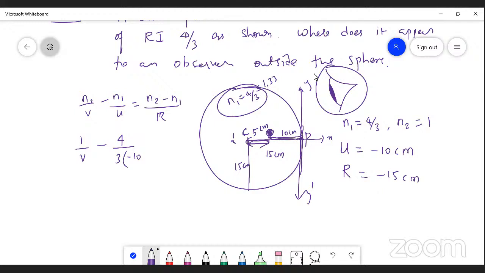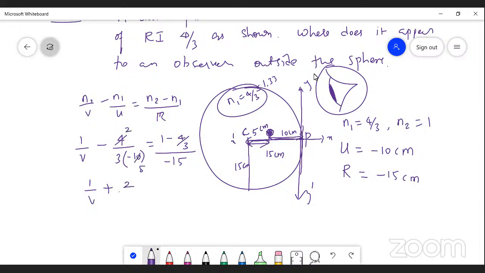1 divided by v minus n1 by u, which is equal to (1 minus 4 by 3) divided by R, where R is equal to minus 15. Minus, minus, so positive. So 1 by v plus... 2 fives are 10.